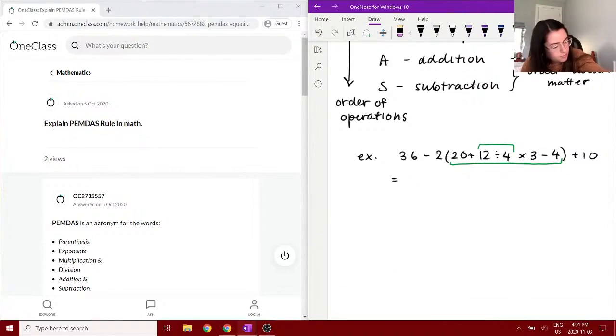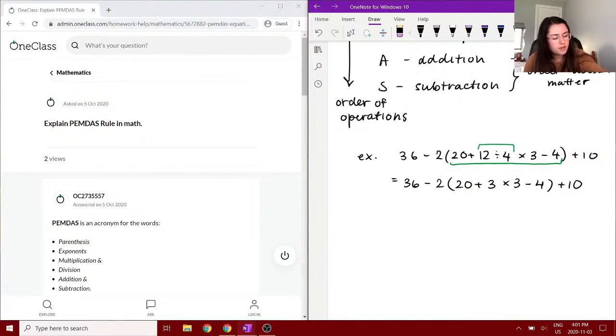So we'll go through this. 36 minus 2 times 20 plus, well, we have 12 divided by 4. So I'm going to do that first. That's 3 times 3 minus 4 plus 10. So the only thing I did here was the 12 divided by 4.